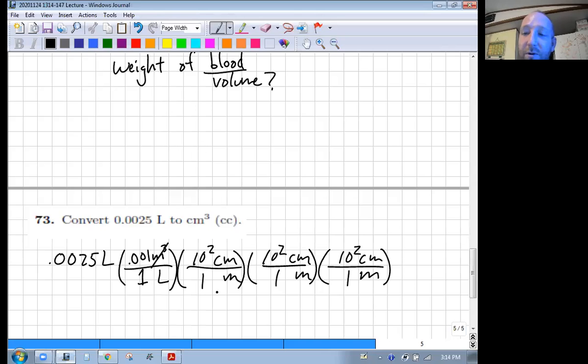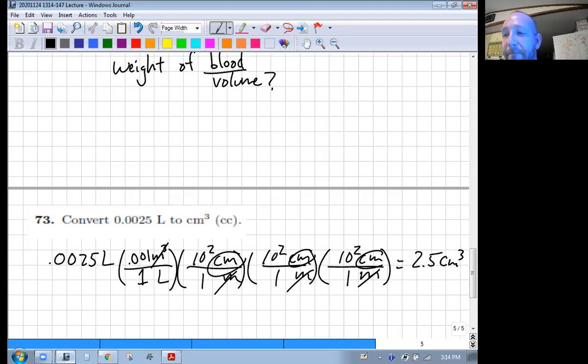So meters cubed goes away, and now we have centimeters cubed. So we need to multiply 0.0025 times 0.001 times 100 times 100 times 100. We get 2.5 centimeters cubed.